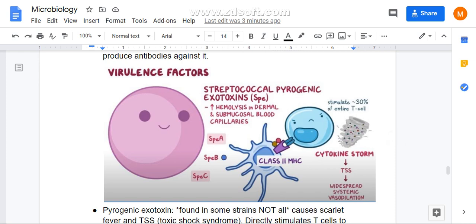So it can stimulate the T cell population to cause what's called a cytokine storm, which would bring about toxic shock syndrome. And then, when you reach toxic shock syndrome, you can get basically septic shock, right? So widespread systemic vasodilation and all of that good stuff. And the patient would be on the verge of death, basically.